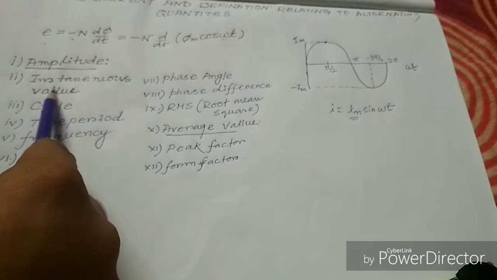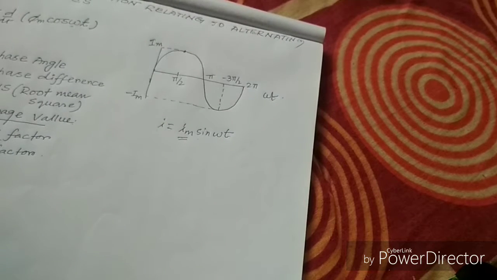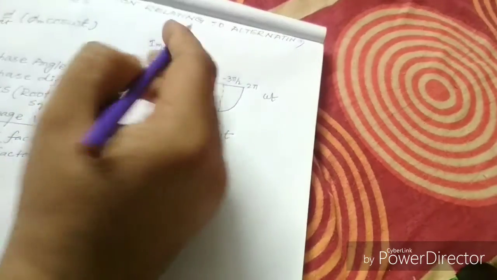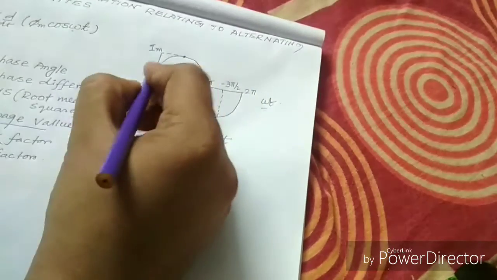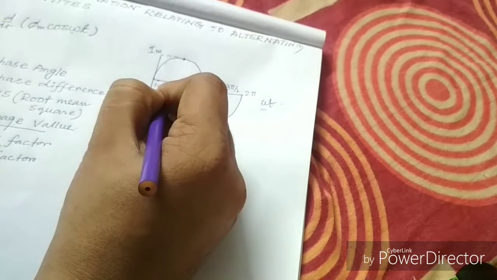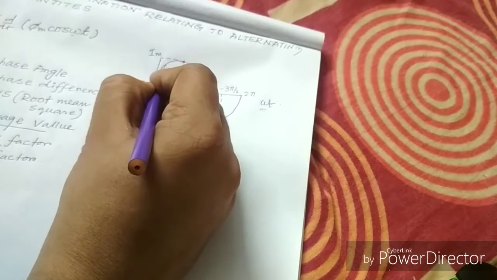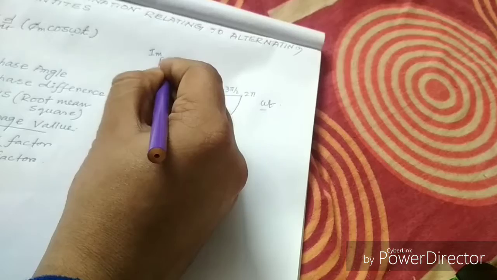Then I am going to discuss instantaneous value. Instantaneous is a word meaning that at any instant we calculate. At any instant of time with respect to omega t, t equals something.